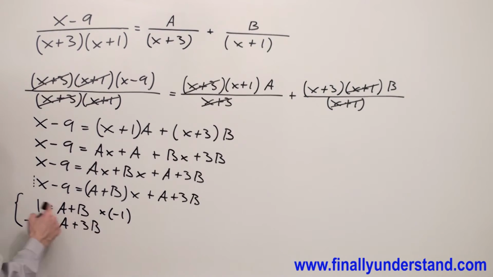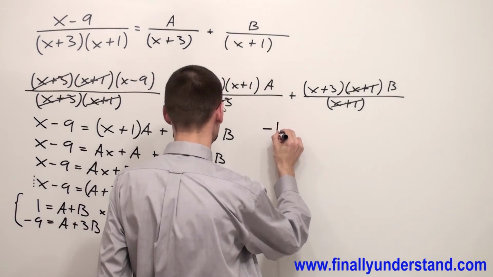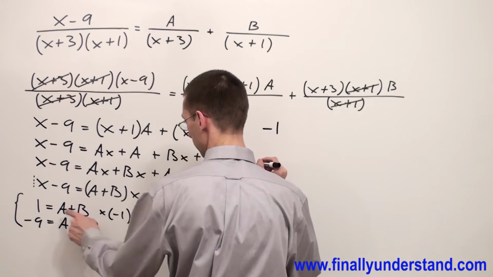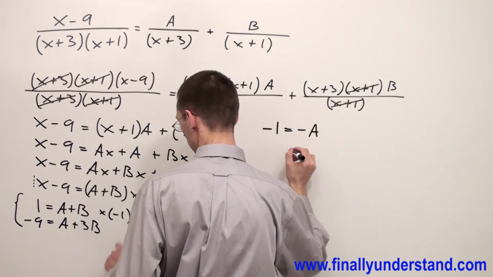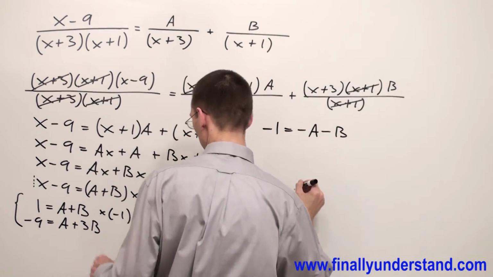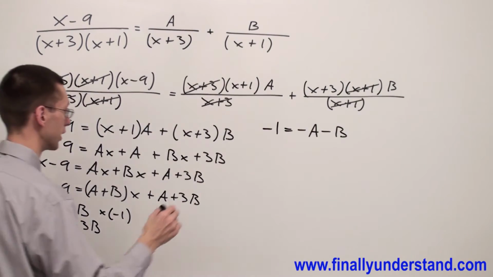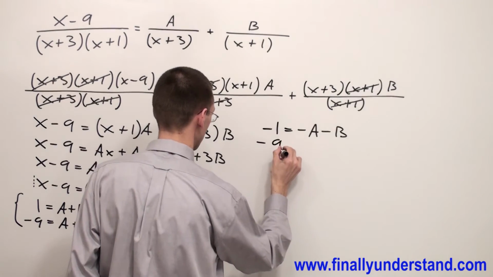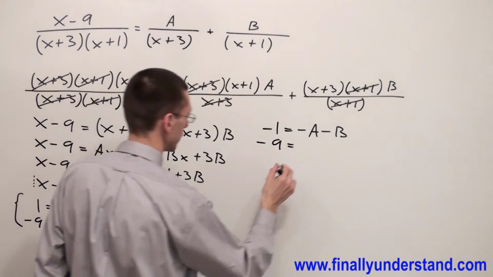Negative 1 times 1 gives me negative 1. Negative 1 times a gives me negative a. Negative 1 times b gives me negative b. And I'm supposed to copy down the second equation. I have negative 9 equals a plus 3b.